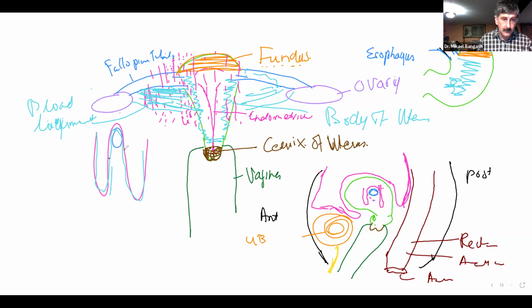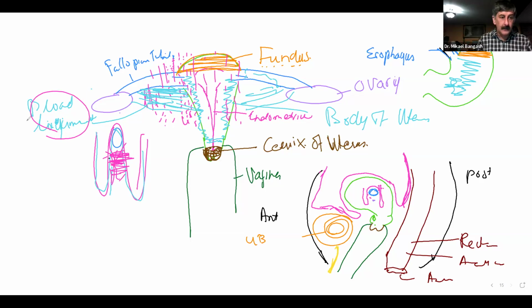So down here, these layers of peritoneum are pretty much glued together and form what we refer to as the broad ligament.